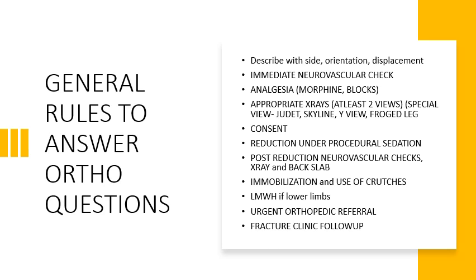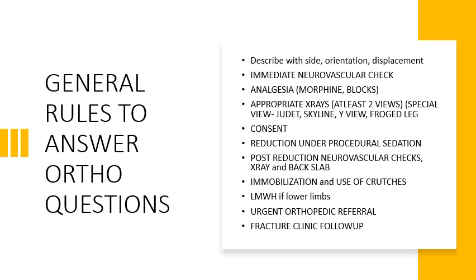Always remember to check, be it fracture, dislocation, or nerve blocks, pre and post neurovascular check. Immediately you need to check the neurovascular examination of the distal part of the affected limb.